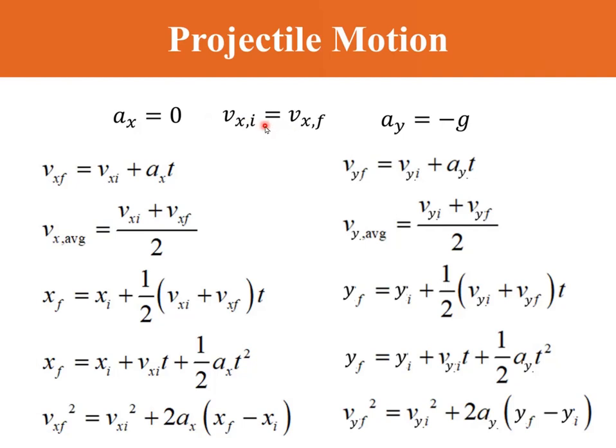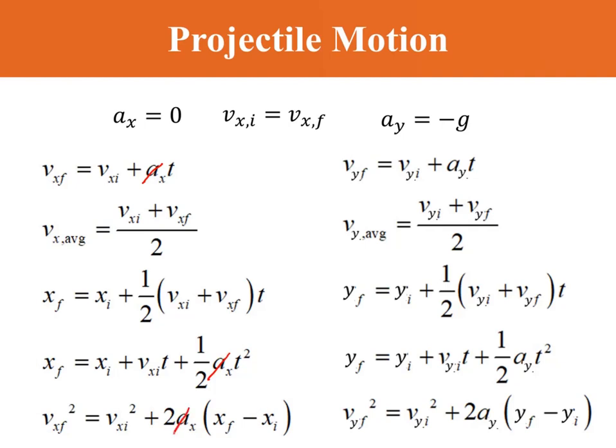Another fact is that ay equals negative g. So put this fact into this equation. Since ax equals 0, all the ax terms can be cancelled.